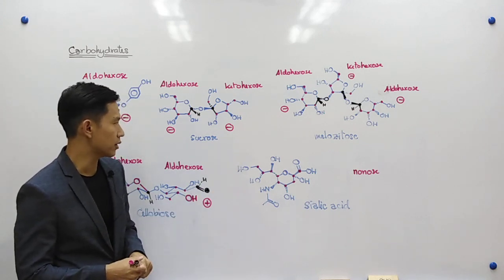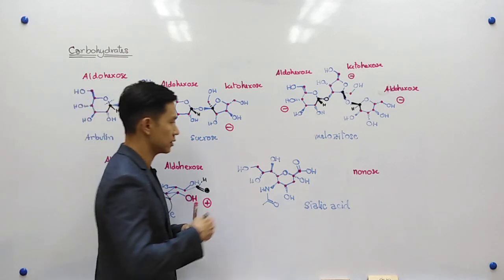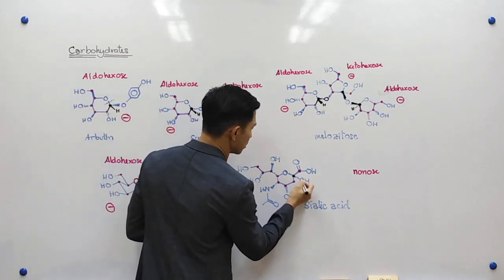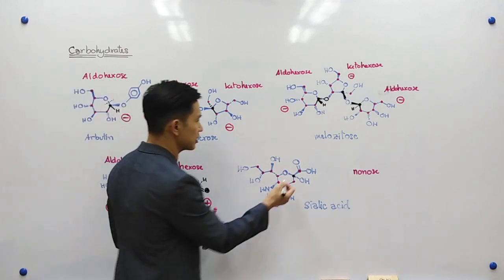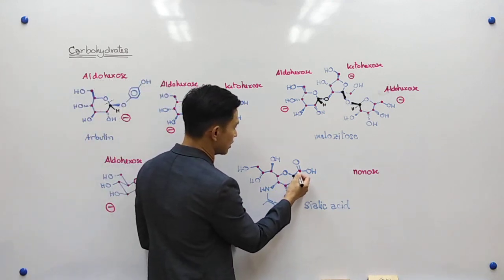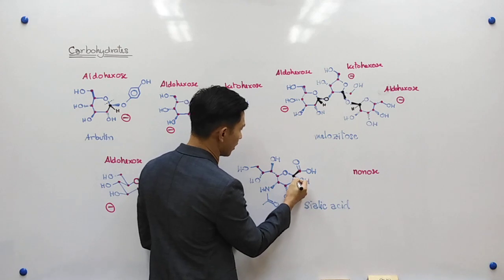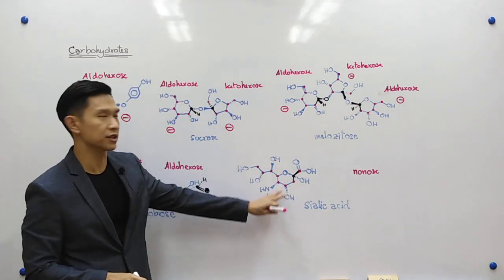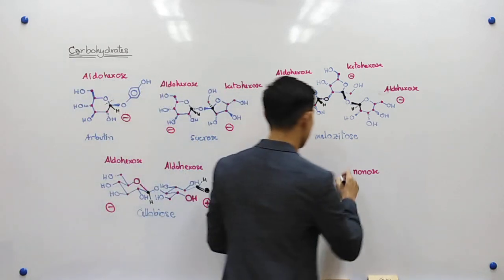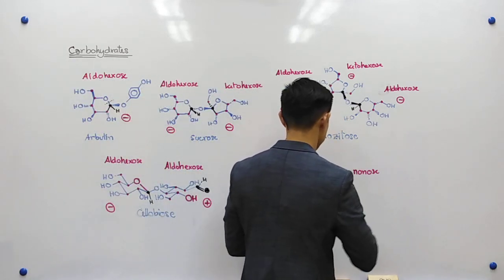And for the glycosidic carbon, it is the carbon together with 2 hydrogen atoms over here. As you can see, this carbonyl carbon is connecting with carbon on both sides, so this is a ketose sugar. So this is a ketononose.